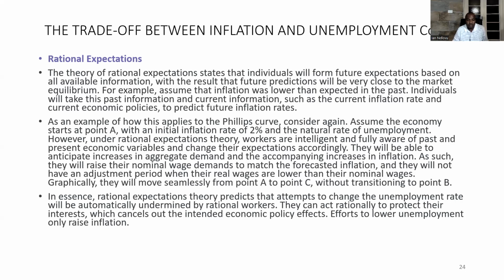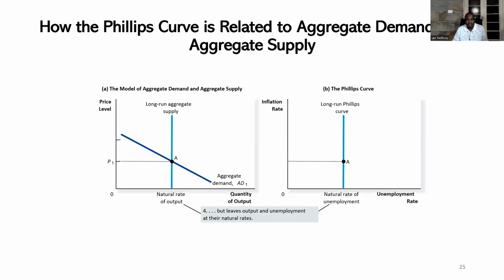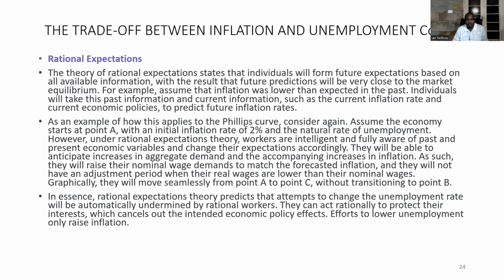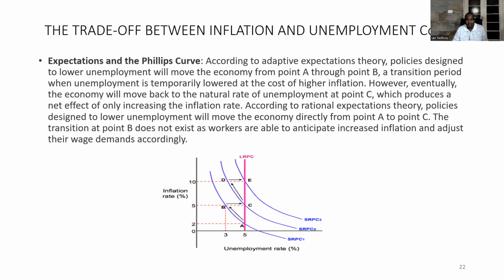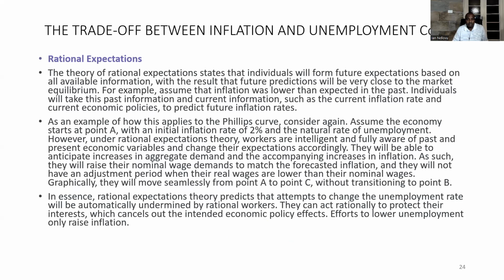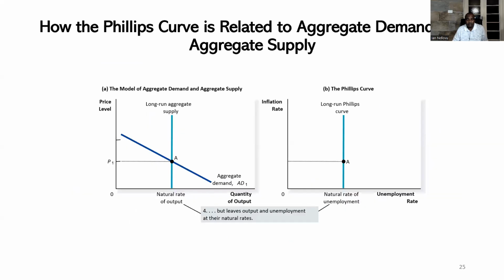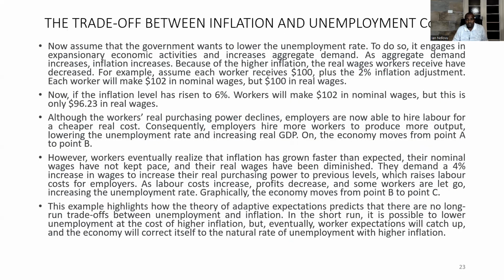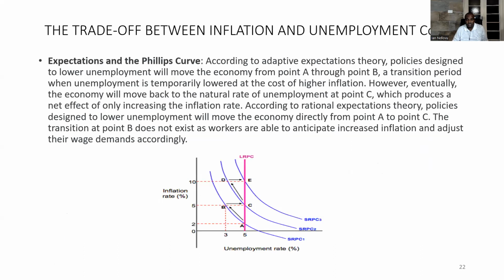So how does this translate graphically? Graphically, it translates to a situation where we are moving from point A to point C, from point C to point E. So there is no notion of transitioning via point B or point D.